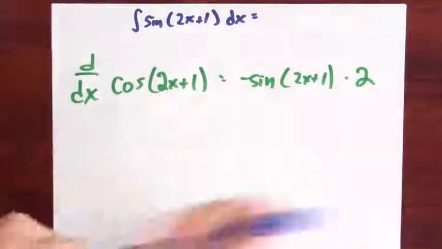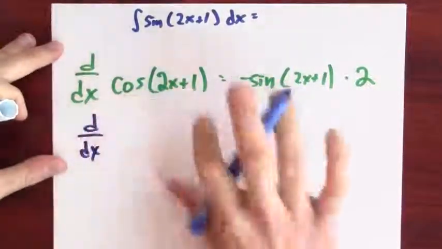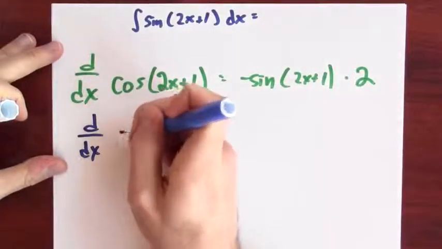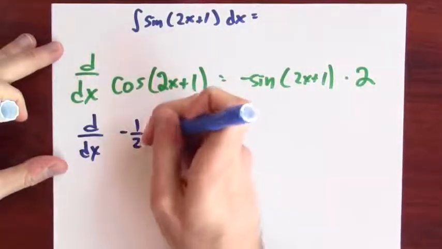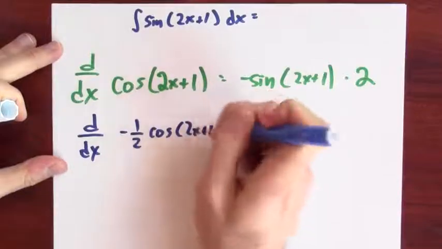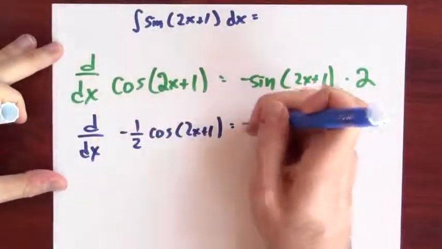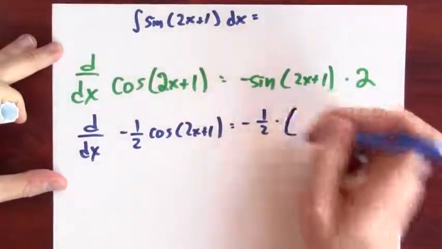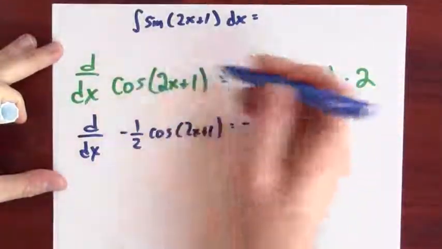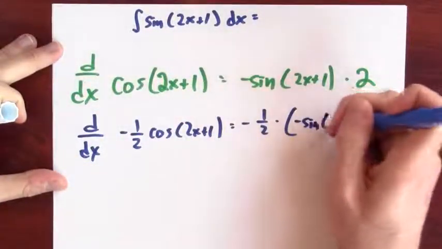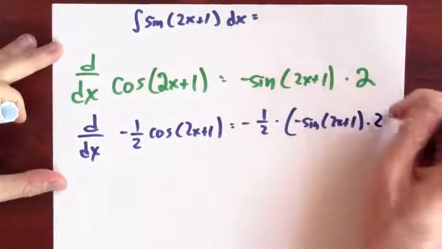up, right? If I instead look at a slightly different function, if I include a factor of minus 1/2 in front of cosine of 2x plus 1, then the derivative will be minus 1/2 times the derivative of cosine 2x plus 1, which is minus sine 2x plus 1 times 2.